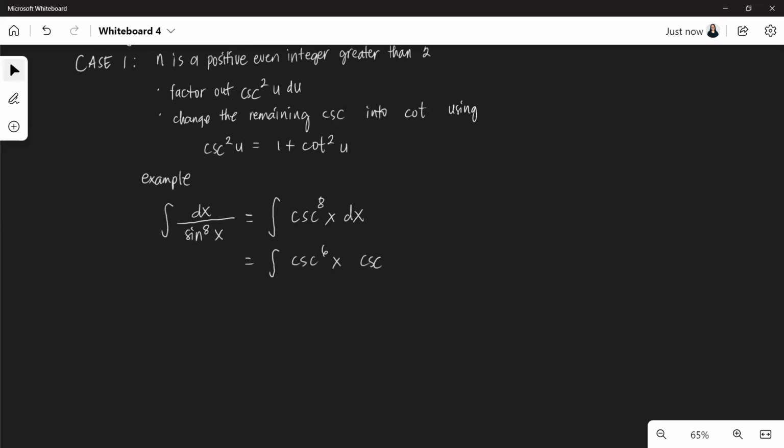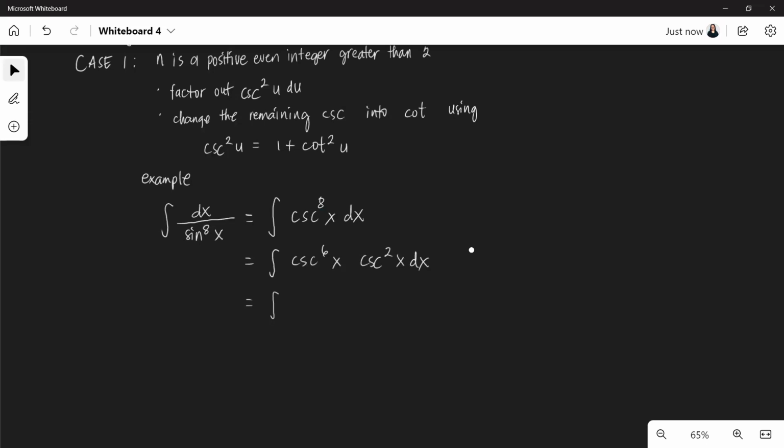The cosecant squared here is for the du later. Then transform the rest into cotangent using this Pythagorean identity. This is still in the power of 6, so that's cosecant squared, quantity raised to the power of 3.